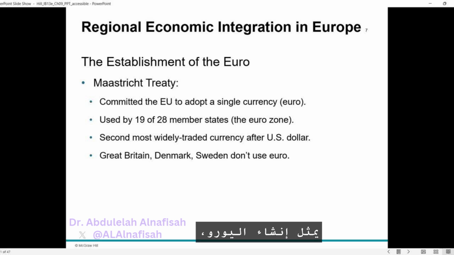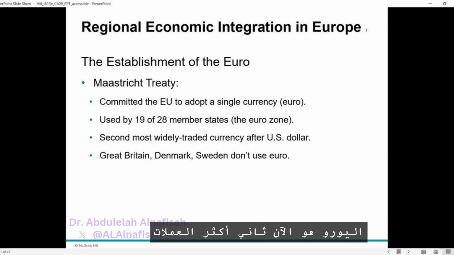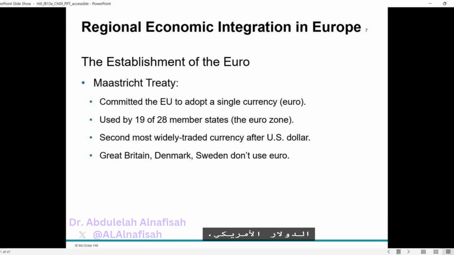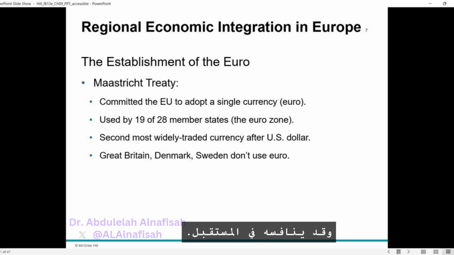The euro's establishment, requiring nations to abandon their currencies and monetary policy control, represents a significant political achievement reflecting the EU's commitment to integration. The euro is now the world's second most traded currency after the U.S. dollar and may rival it in the future.